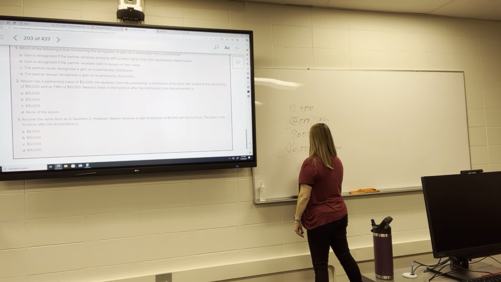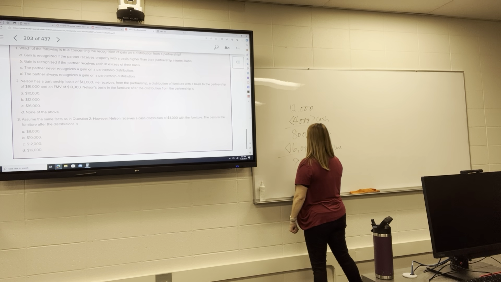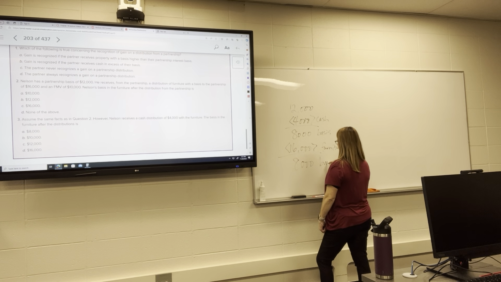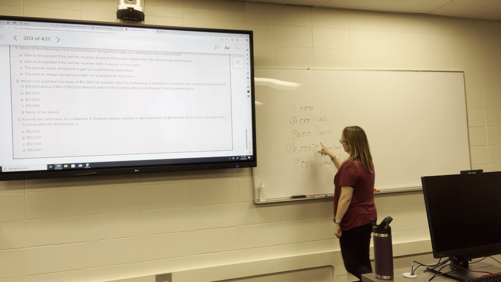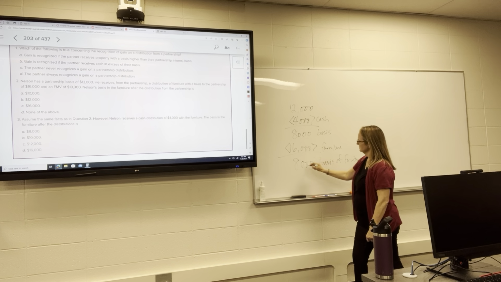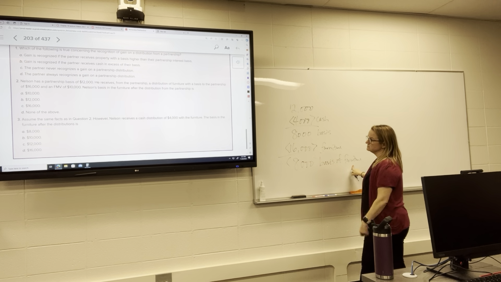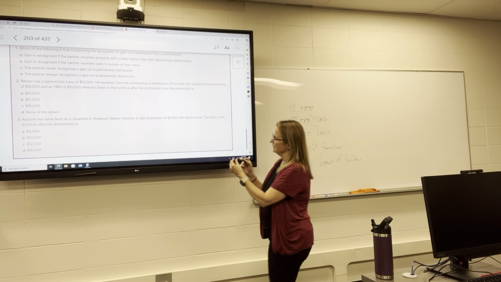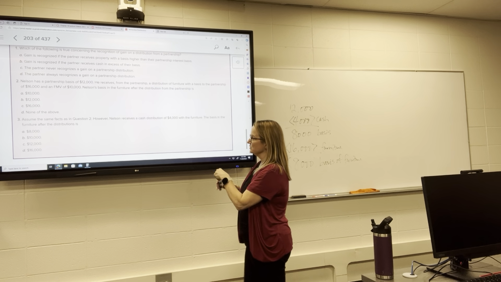So what happens is the additional amount, the difference between those two, attaches to the basis of the furniture for him. So is A correct?